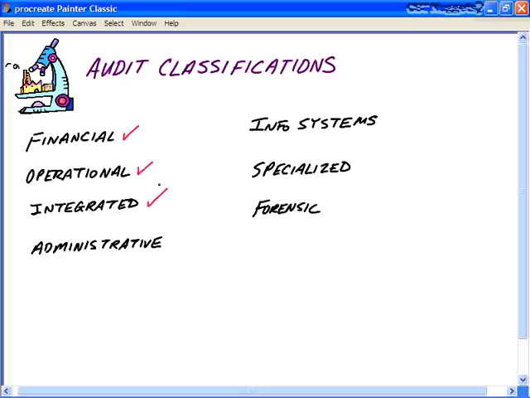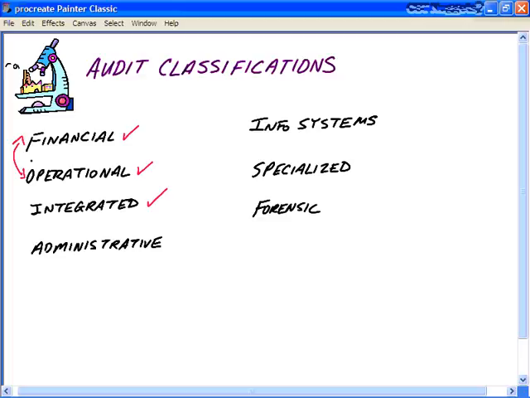An integrated audit is really a combination of a financial audit and an operational audit. Since an organization is going to the trouble to actually implement auditing, it's often cost feasible to integrate different audits together at one time to assess the overall objectives in your organization concerning financial information, safeguarding your assets, compliance, overall efficiency.